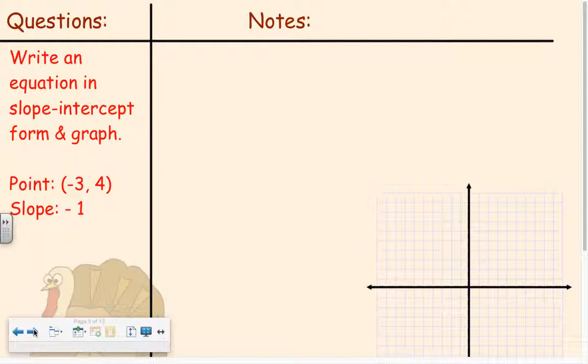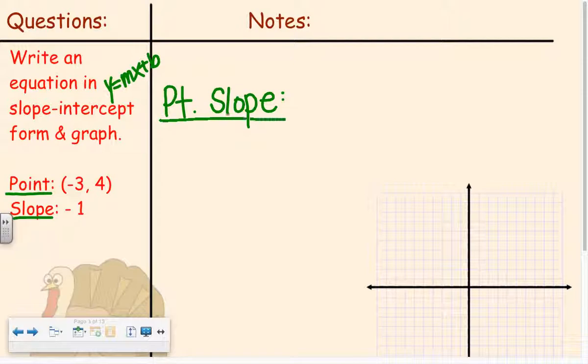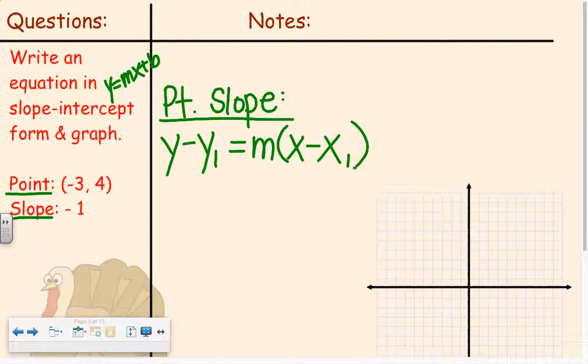All right, second one. Write an equation in slope-intercept form and graph again. Reminder, slope-intercept form is y equals mx plus b, but we can't put our information right into that form because all I know right now is a point and a slope. I don't know a slope and an intercept. So I have to start with point-slope form first: y minus y1 equals m times x minus x1.